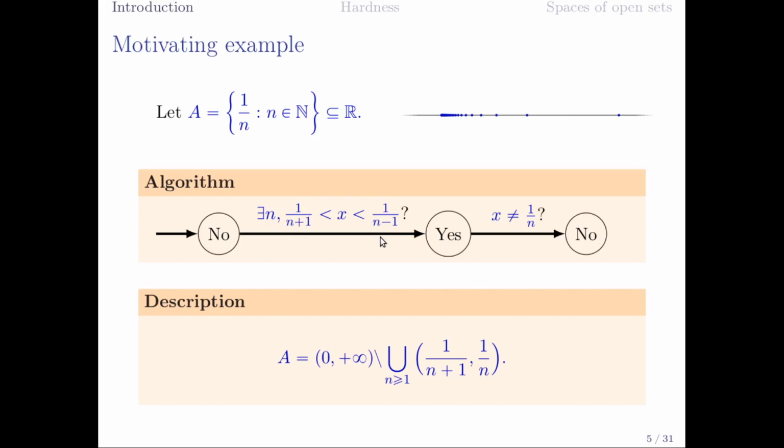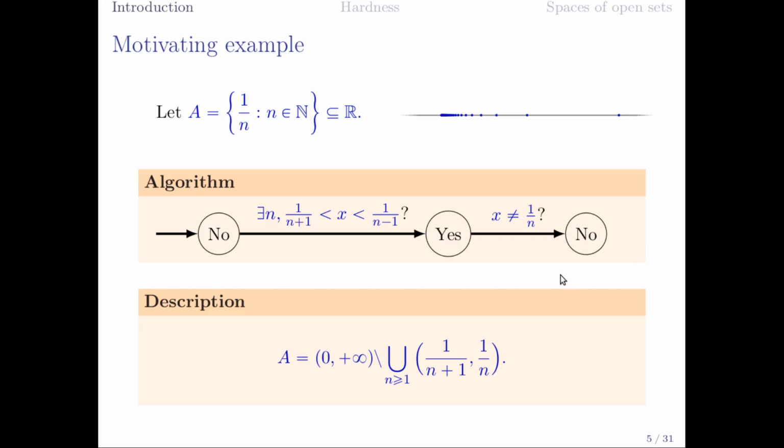If it eventually finds it, then it goes to yes. So it's changing its mind from no to yes. Then it starts testing whether x is different from 1 over n. If eventually the algorithm sees that this is true, so it knows x at sufficient precision to separate it from 1 over n, then it changes its mind to no. So the algorithm tests A with at most 2 mind changes.